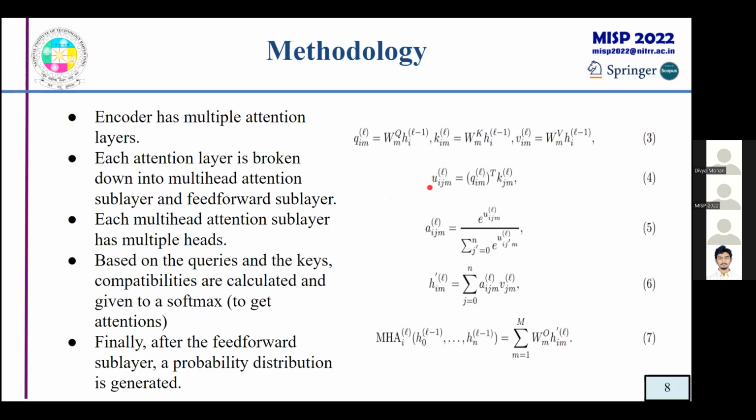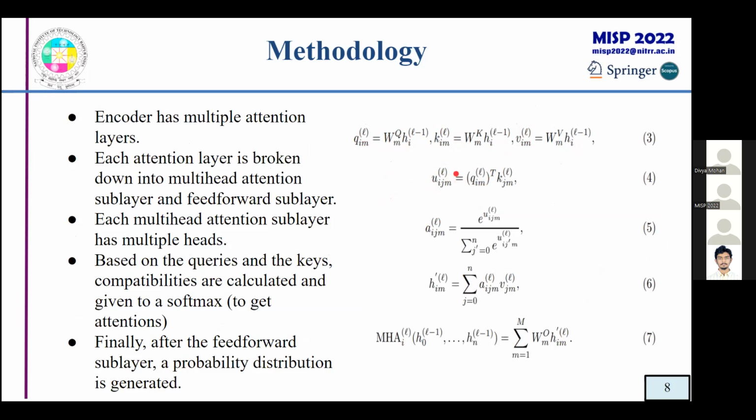Now we have looked at some equations. This is the query at the ith node in the nth head at the lth layer. Same is the case with the key and the value. We generate these from the previous layer's node embedding L-1.